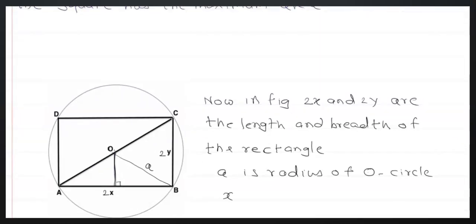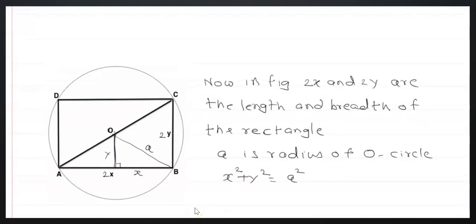Let a be the radius of the circle. Here, x square plus y square is equal to a square.